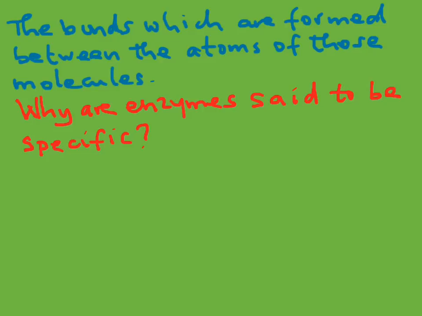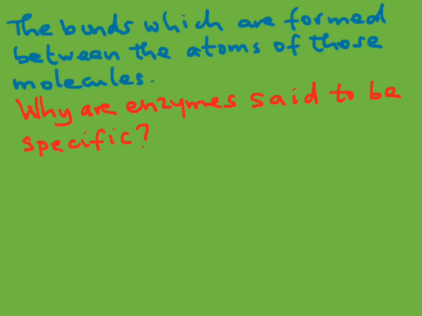We just said that it is made up of amino acids and also the type of bonds that link the amino acids give us an idea of the shape of an enzyme. Now, what makes enzymes specific?